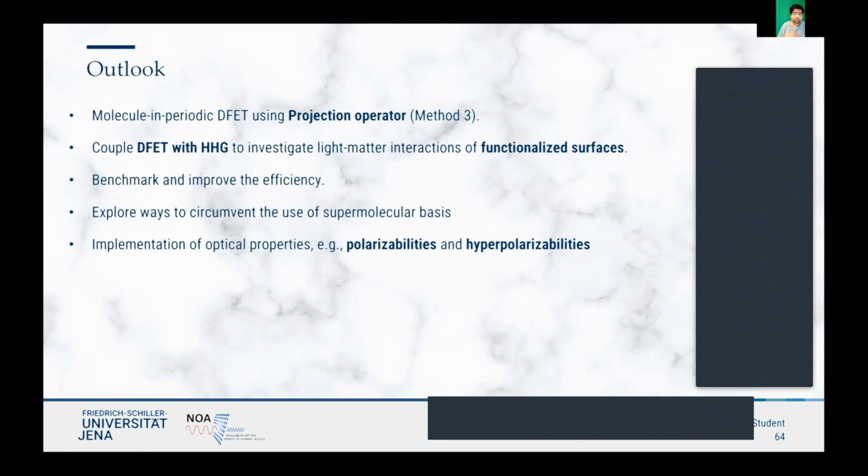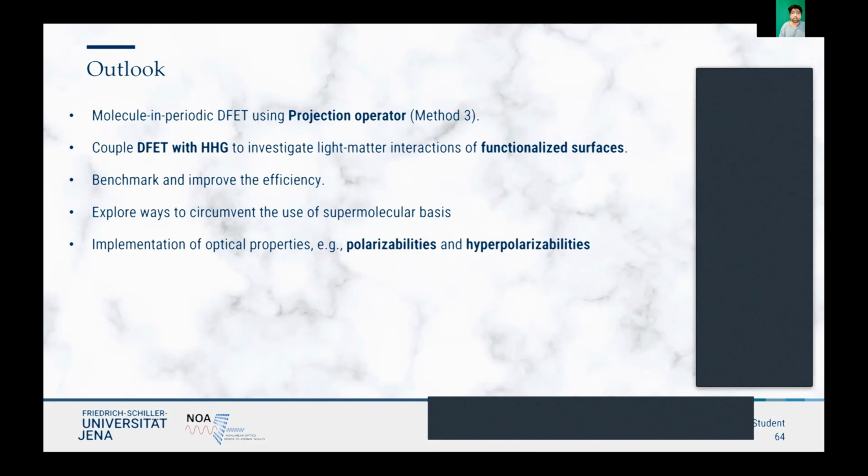Then in future, what I'm working on right now is to implement molecule in periodic DFAD using a projection operator that will require the supermolecular basis, but it will still be really useful to perform this molecule in periodic embedding exactly, at least somewhat exactly, if they are too much interacting.